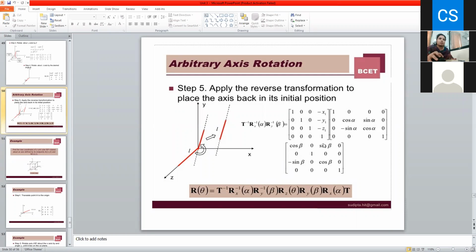And inverse rotation about y again has this minus sign over here, plus sign over here. Okay. So this is the final T matrix for the rotation about arbitrary axis in space. Getting it?